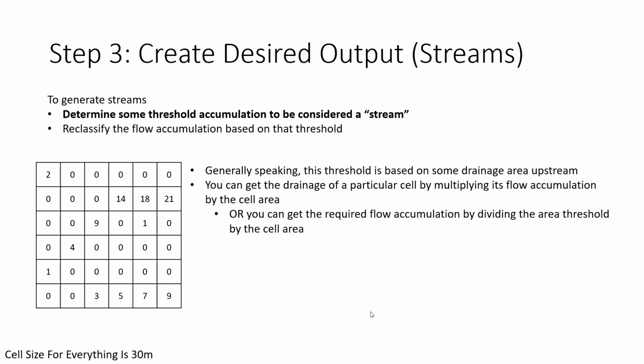So how do we determine a threshold for what is considered a stream, or what does that mean? Generally speaking, when you're trying to determine a threshold, based on the landscape, the soils, different aspects of the landscape, you're going to have in the back of your mind some area, and by area, I literally mean area, right? A physical size of space over which water would have to accumulate for there to be enough water for it to actually start to flow, right?